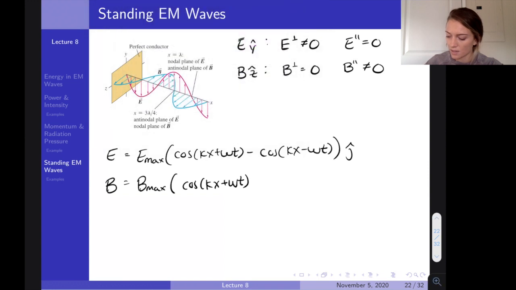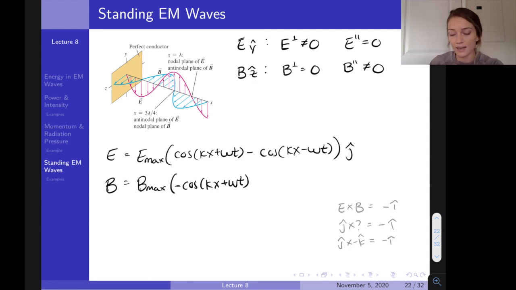So E cross B is in the negative i hat direction, and we said that E was in the j hat direction. So if j hat cross something is negative i hat, that means our magnetic field has to be in the negative k hat. So j hat cross negative k hat is equal to negative i hat.